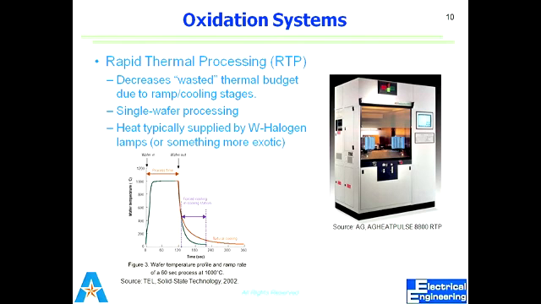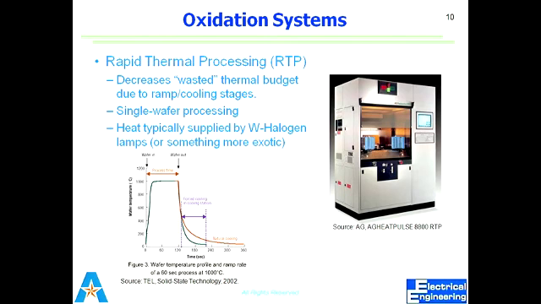According to this, maybe in 15 seconds you can heat it up to 1000 degrees centigrade. So it means that the wafer exposure to 1000 degrees centigrade, instead of 10 minutes, is only 15 seconds for the same amount of thickness. Okay, so that's why the thermal budget decreases to a lower value.